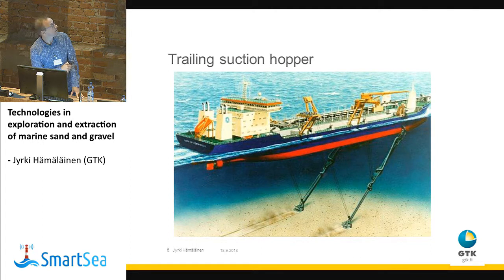This has two drag heads, as they are called. They are a few meters wide, and they suck the mixture of this material and water into the vessel. This leaves tracks a few meters wide and maybe 10 to 50 centimeters deep.